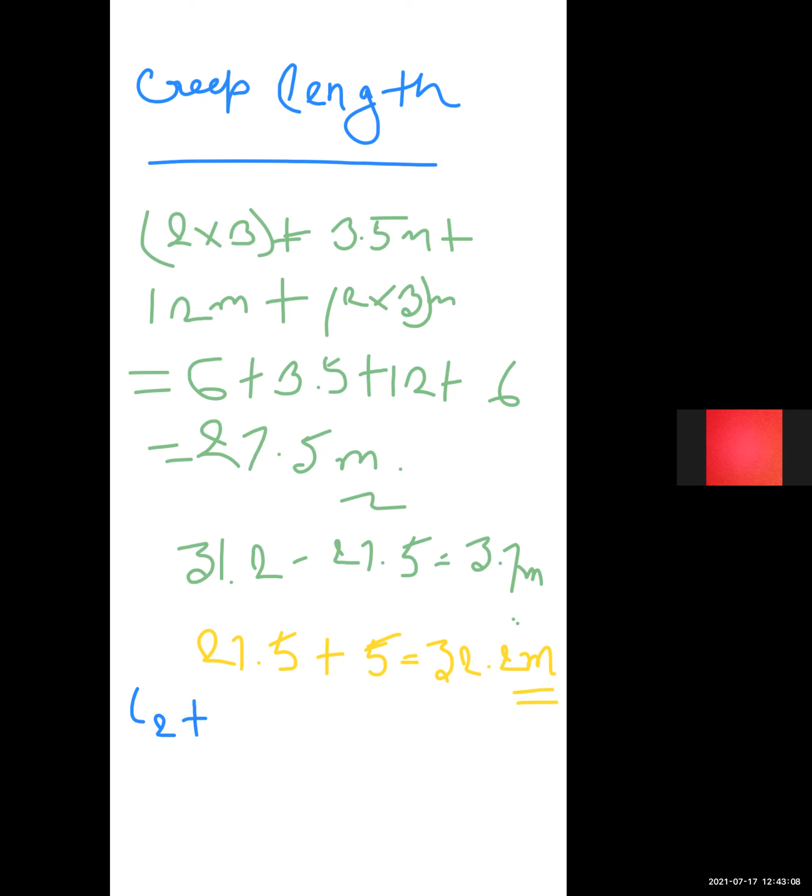So total creep length, that is L2 plus L3 equal to 18C under root HL by 13 into q by 75. So we can find L2 plus L3.